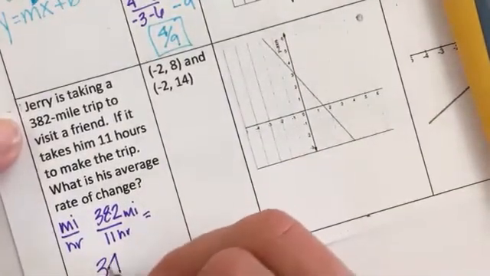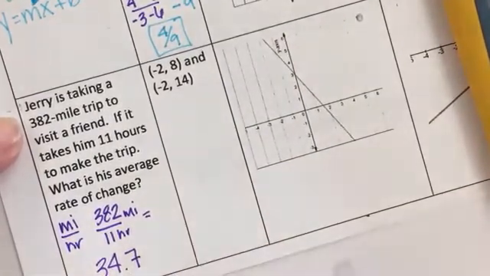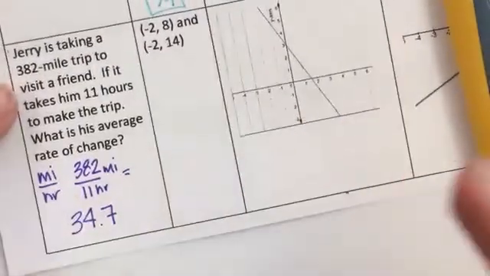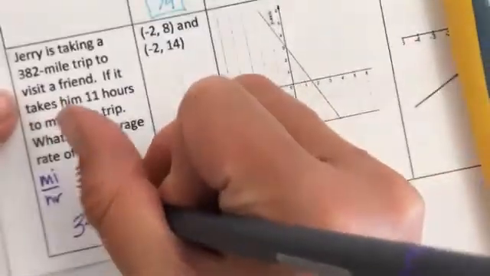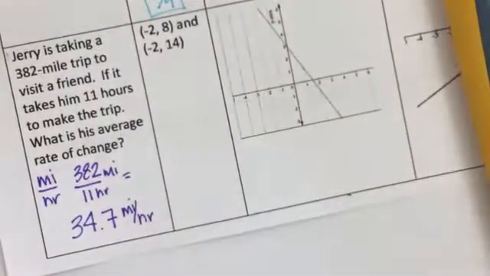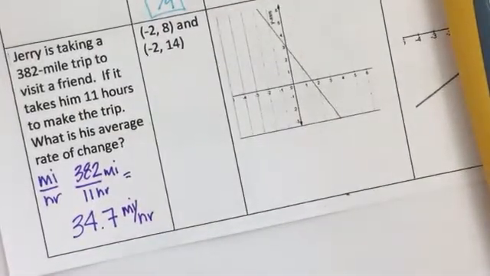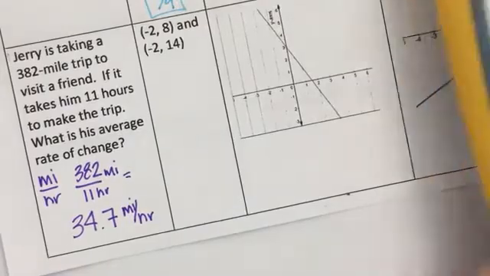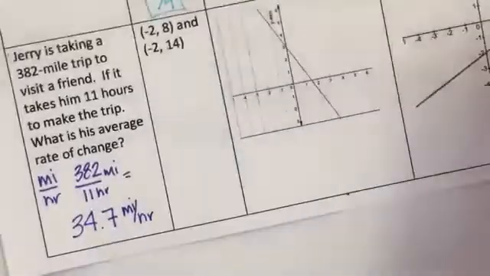So he was not going very fast. So either he was driving really slow, or maybe he was in a boat or something. So when you think of rate of change, think of it as how fast something's happening, or how fast something adds up, that type of thing.